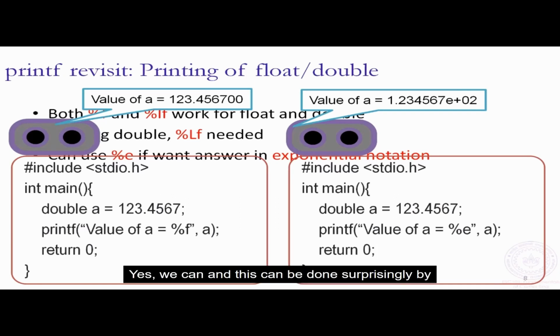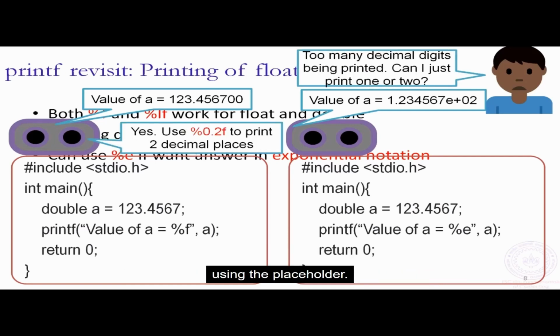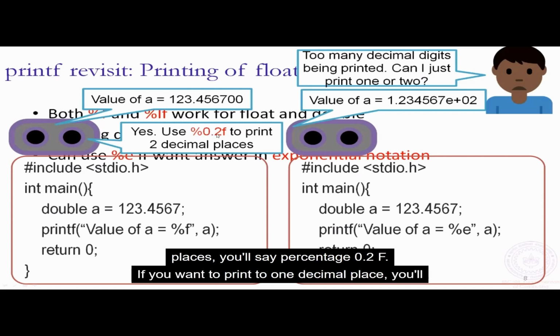Yes, we can. And this can be done, surprisingly, by using the placeholder. So look at what's happening here. Instead of saying %f, we will say %0.2f. Now, the meaning of the 0 we'll talk about in another video, but for now, just be aware that if you want to print to 2 decimal places, you'll say %0.2f.